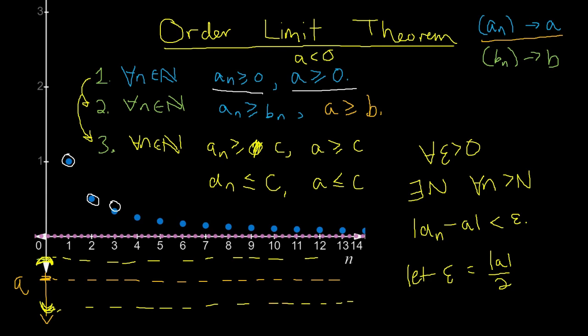Since a sub n converges to a, for this choice of epsilon, we can find a term n in our sequence such that all the other terms are epsilon close to a. Graphically, that means we should be able to find some term n after which all our other terms are this close to a.